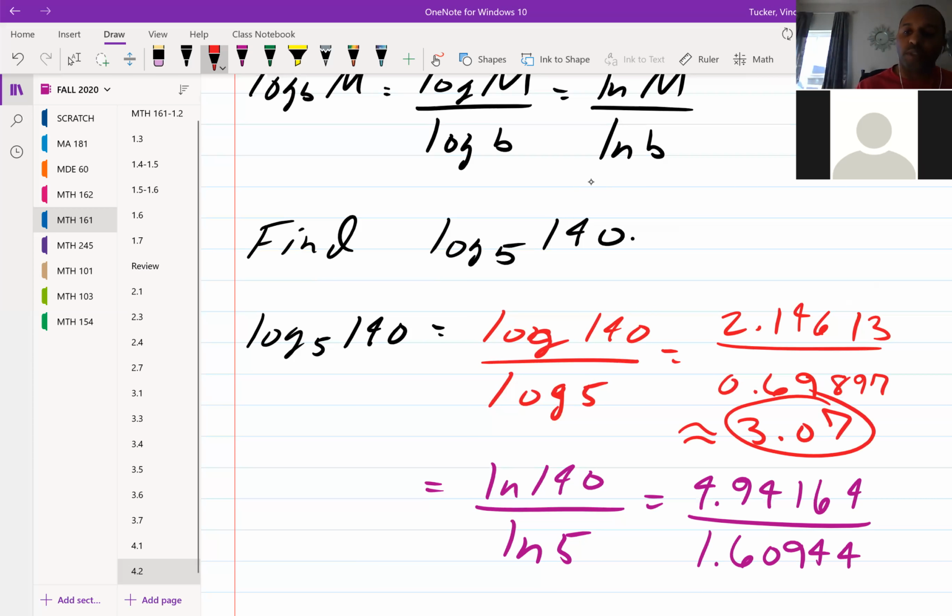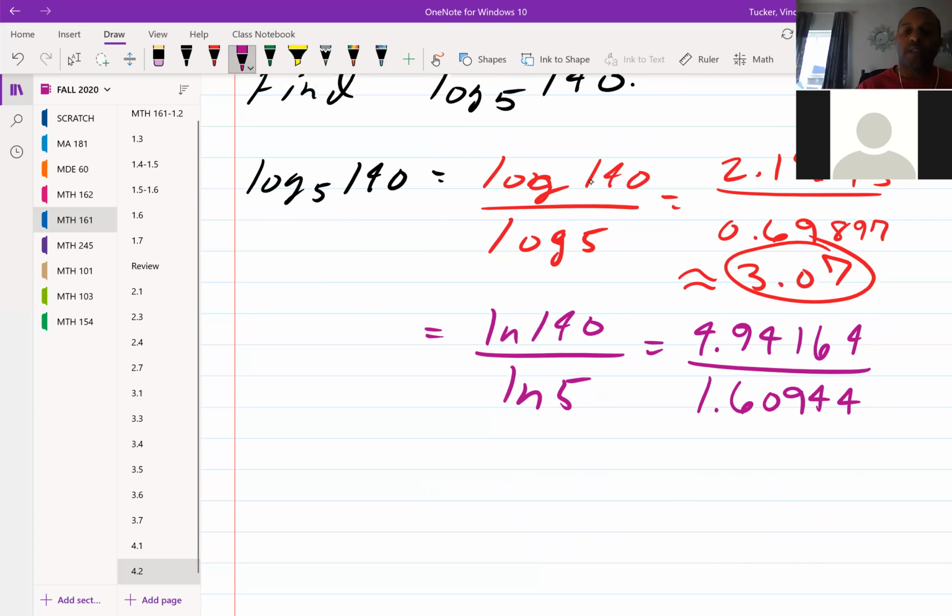They'll tell you how many decimal places they want from you, of course. And then we should get 3.07 in this next one as well. So either way, sorry about that, knocked my earpiece out, but either way you'll get the 3.07.